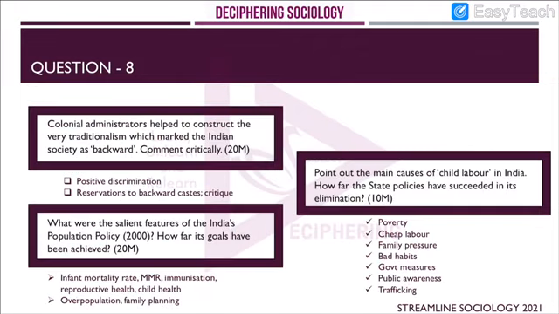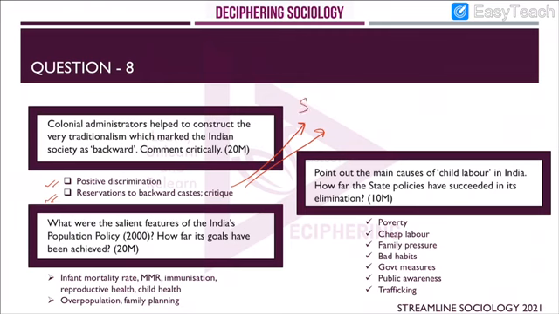Question 8. Colonial administrators helped to construct the very traditionalism which marked Indian society as backward. Here it would refer to positive discrimination measures and reservations for backward castes. Now here there would be two kinds of views.